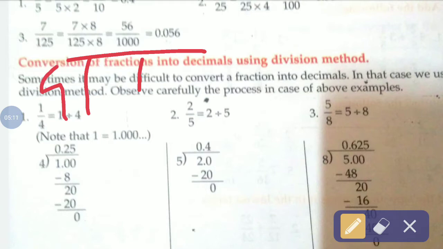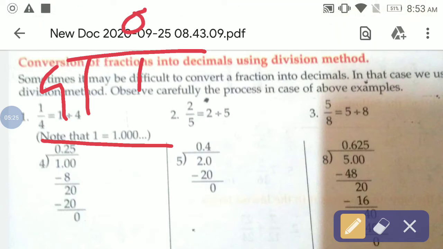Now as 1 is there, it means that it is 1.0, 1.00 and so on. So when you want to divide it, you should divide first of all by 0. So 1 minus 0, you will have here 1, and then you can give the decimal point. If you give the decimal point, then you get here 0.